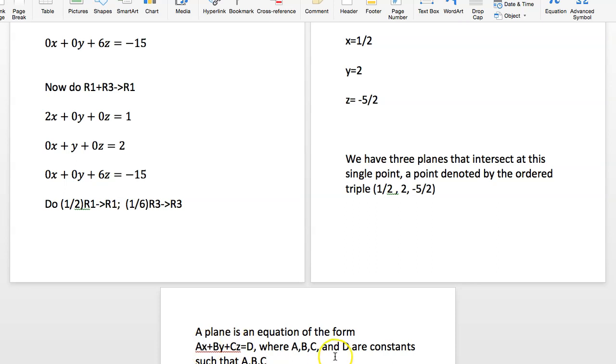Let's just say a plane has A, B, and C as non-zero constants. Because zero, you're playing with fire. I don't want to go to lines, so non-zero constants.